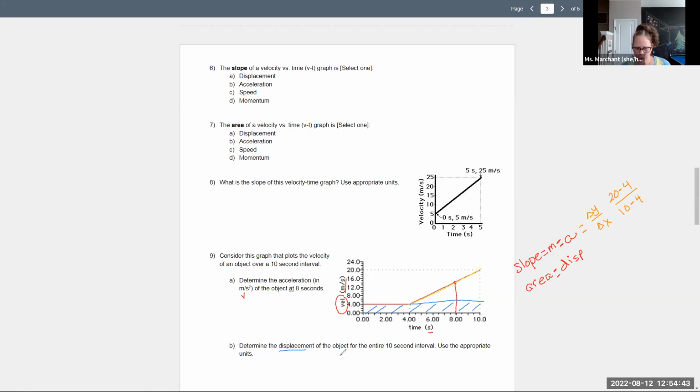So that's 10 times 4, the area of the square, base times height, plus the area of the triangle, 1/2 base times height. What's my base? 6. What's my height? Between 4 and 20, 16. Don't worry if they're different scales or anything else. Just plug that in to get your displacement, and displacement will be in meters.